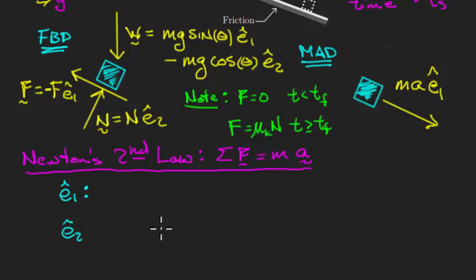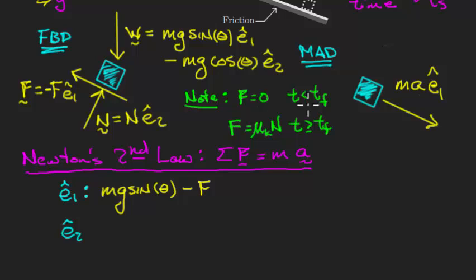Like so. So the E hat 1 component, what do I have? I just look off my free body diagram and mass acceleration diagram, and pull off things in the E hat 1 direction. So for example, I have this component of the weight, which is mg sine theta, that's the weight pushing down the ramp in the E hat 1 direction, or a component of it. And then I have the friction, which is also in the E hat 1 direction.